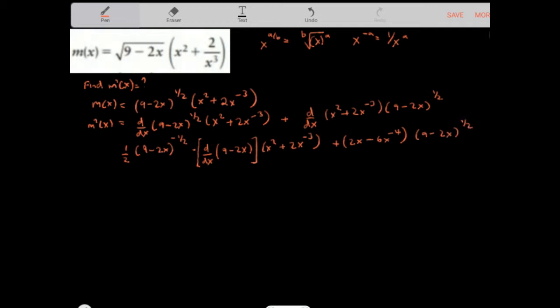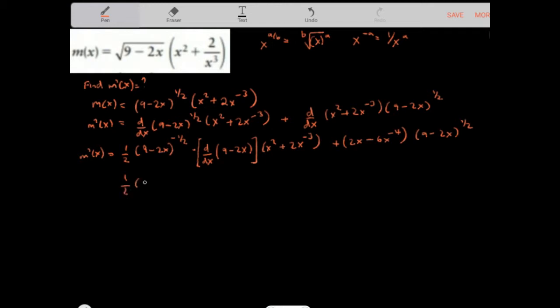Now, first let's do the derivative and simplify this a little bit further. The derivative of 9 minus 2x gives negative 2. With the negative exponents, we might want to just put them in the denominator, and we'll work with that in the next step.